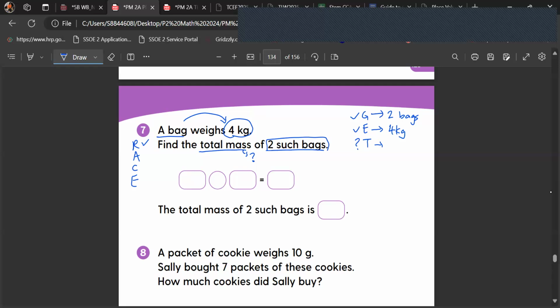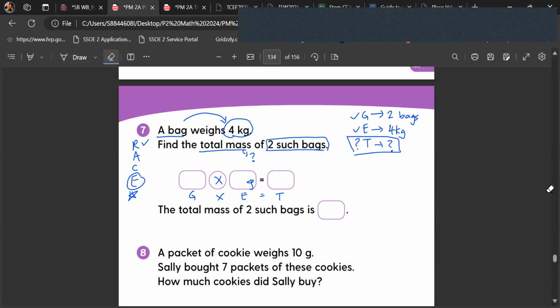So previously, when we learn multiplication and division, when we need to find the total, what do we do? Is it times or divide? Times. So you use the group times the each, you get the total. Very important. Take note of the units now. Should I write kilogram for everything? No. So you need to pay attention.